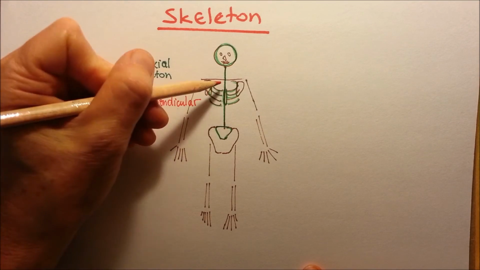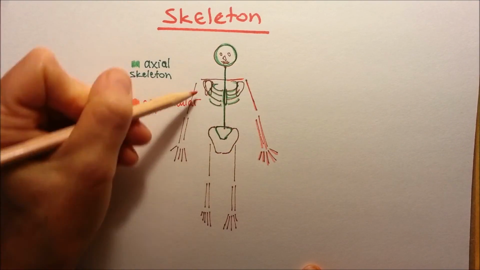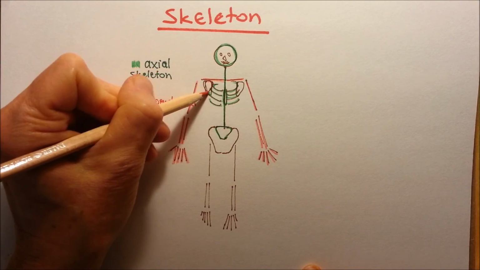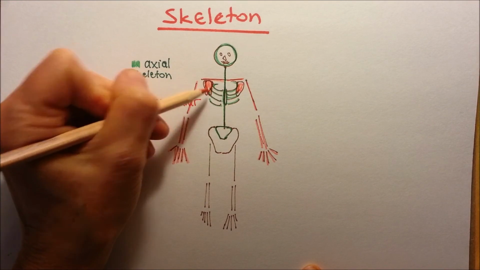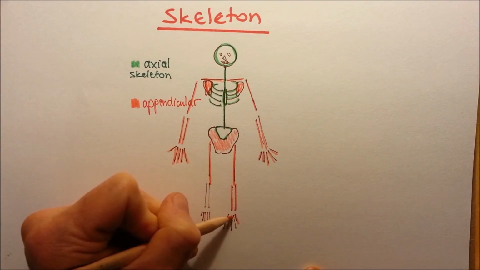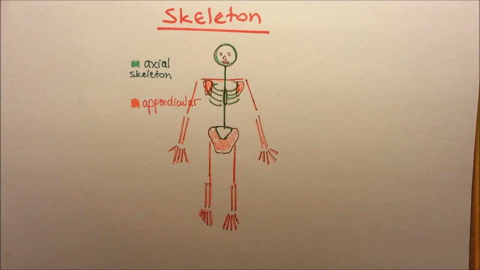The appendicular skeleton contains the limbs as well as how they are suspended to the body: the scapulas as well as the collarbones for the upper extremities, and for the lower extremities is the pelvis. Done.